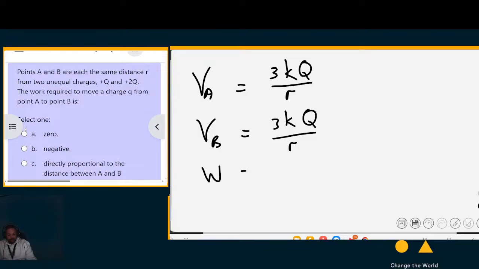The work is equal to Q, the charge, times the change in the electric potential.